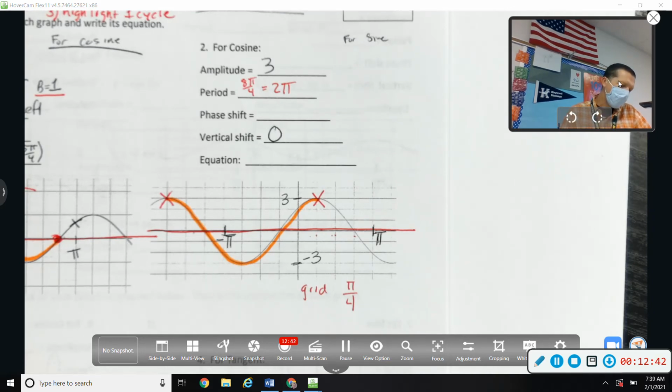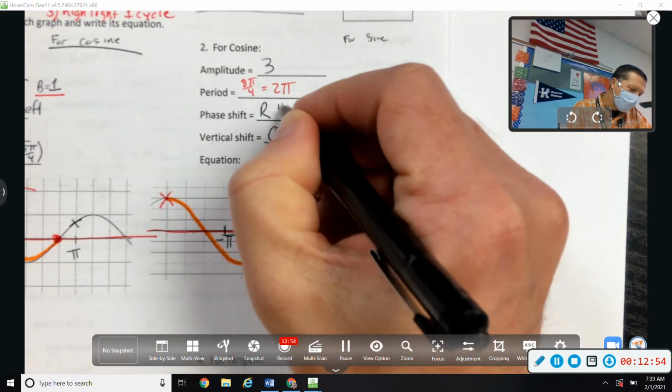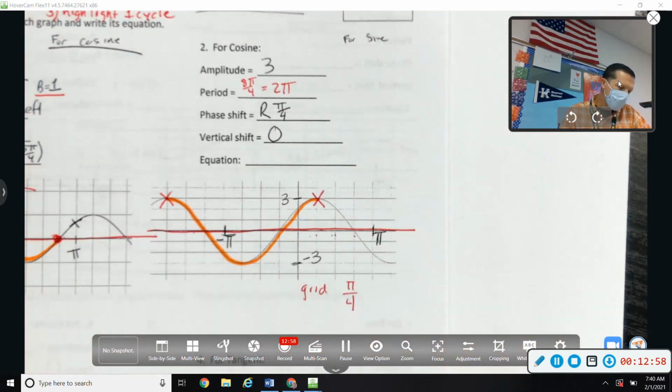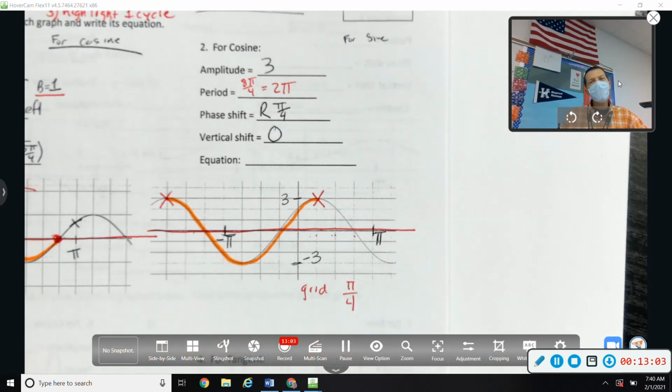What do you want to use for the phase shift? There's 2 options, but I would use the close one as well. So that would be right pi over 4. But if you wrote left 7 pi over 4, that would be okay as well.